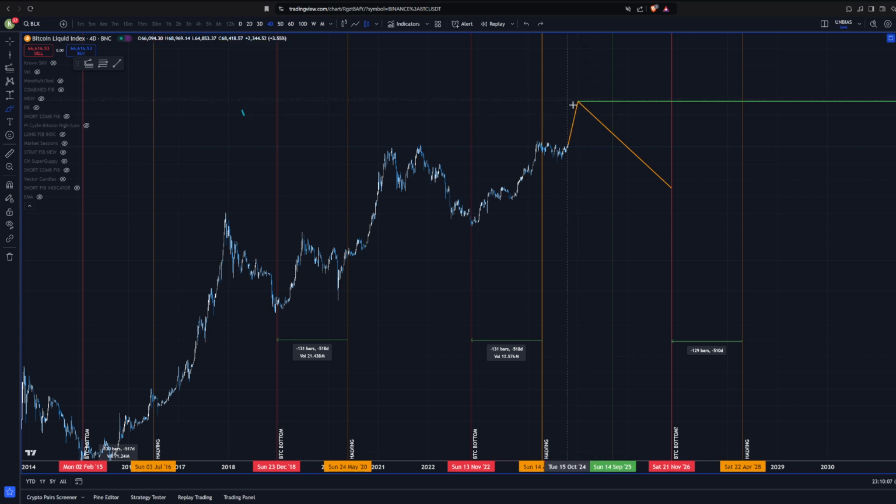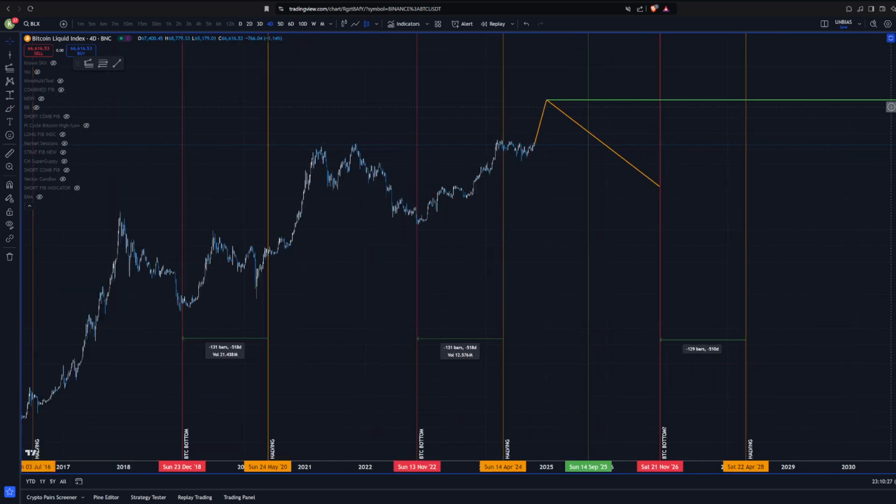Right. So once the actual impulse wave of this compression or the expansion of this compression occurs, the final leg of the cycle is often seen as the most vertical or parabolic, right?